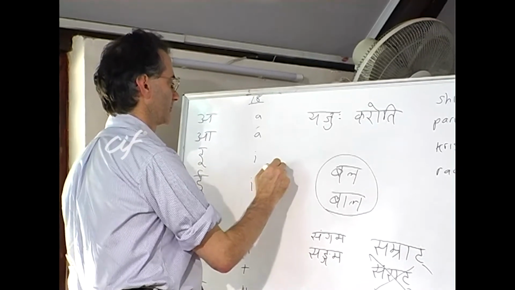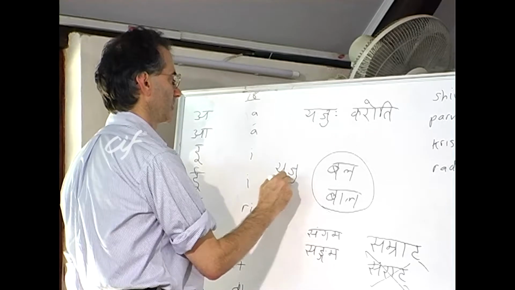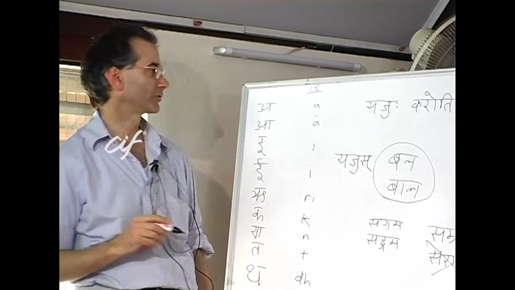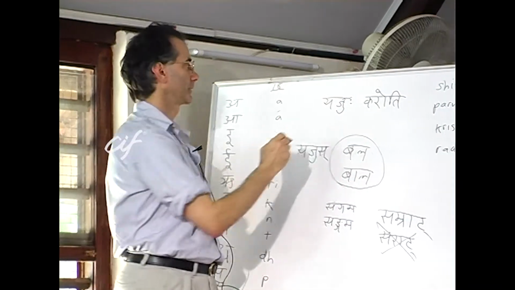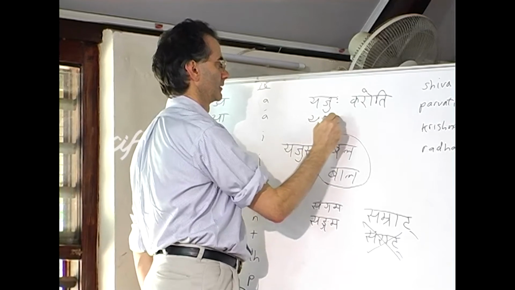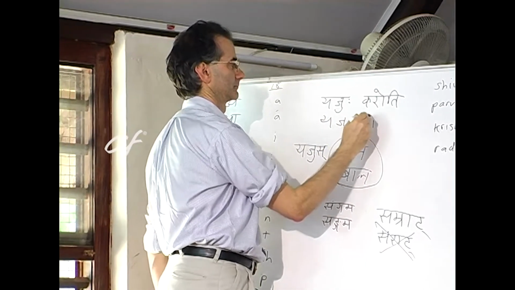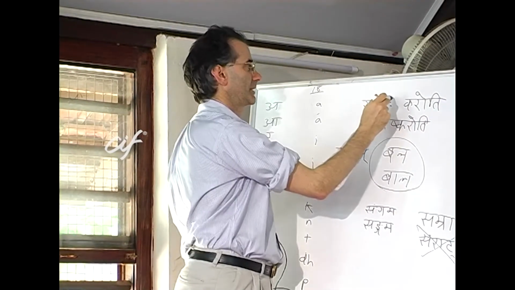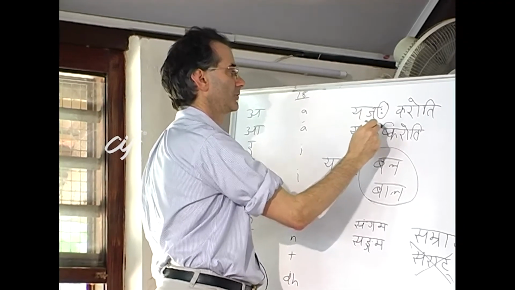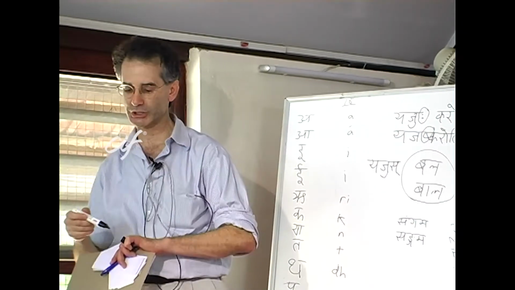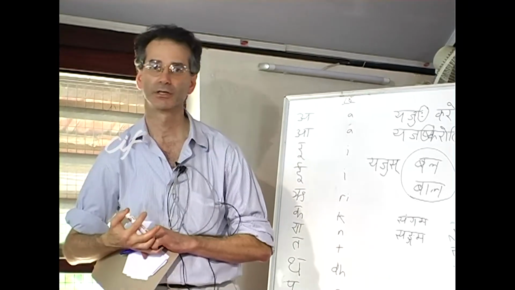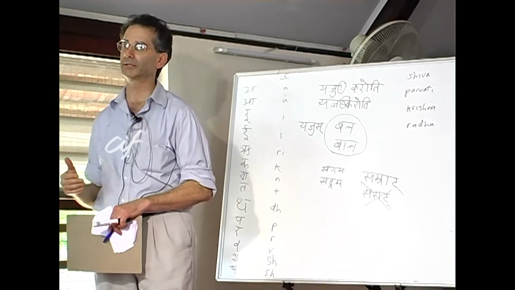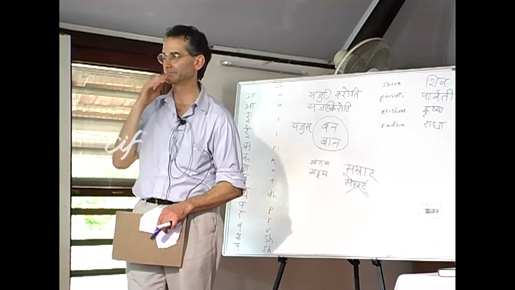Now, we're told that this basic lexical item here is yajus with an S, right? Now, in Vedic texts, we don't find yajuhu karoti. We find yajush karoti, right? So there's a difference in the context in which visarga is used versus the context in which sha is used. And that difference of context is that the sha is used in Vedic and the visarga is used in loke, right, in ordinary speech.